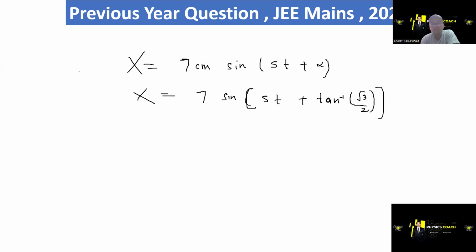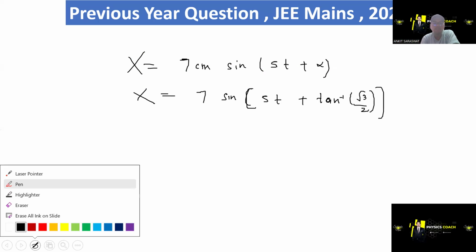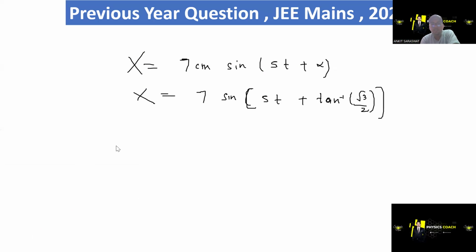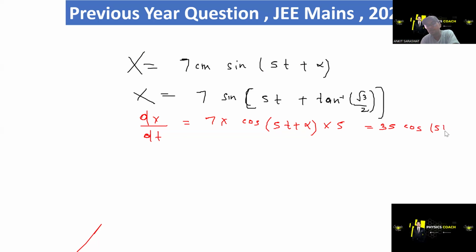Next, what they are actually asking is the acceleration. Now if you differentiate this once, dx by dt, sine will become cos of (5t plus alpha). I am taking alpha only. And inside, that is 5, times 7 comes out to be 35 cos(5t plus alpha). You got the velocity, 35 cos(5t plus alpha). Now differentiate again and you will get the acceleration.